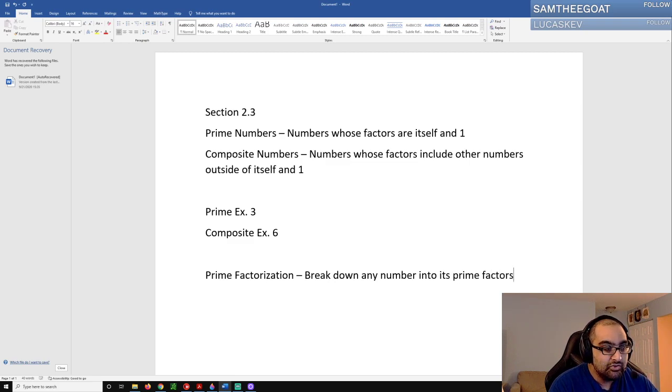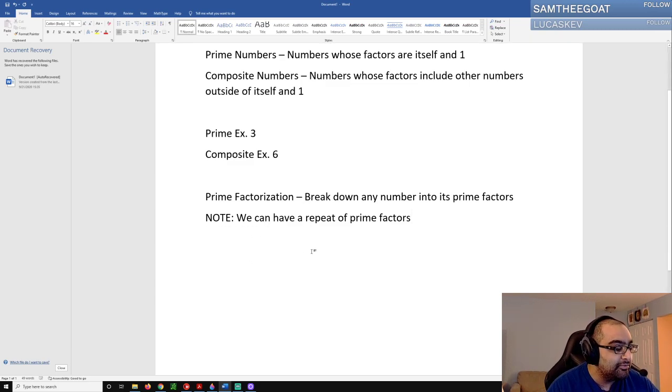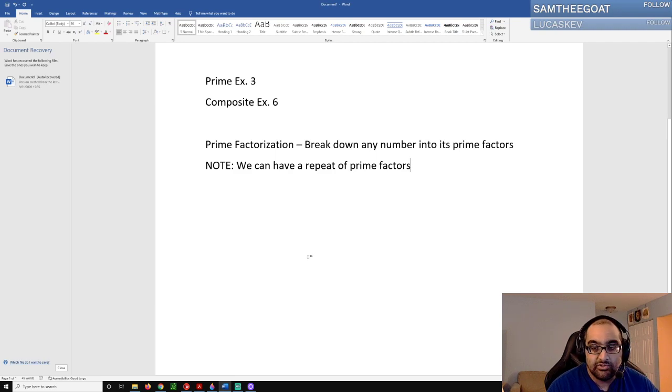Now, there's one thing to note here: we can have a repeat of prime factors. So it is possible for us to have, say, 2 2s and 1 3, or 2 5s and 1 2, or whatever. So you can have a repeat of prime factors. That's certainly possible.